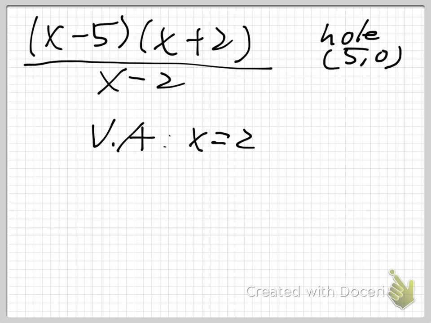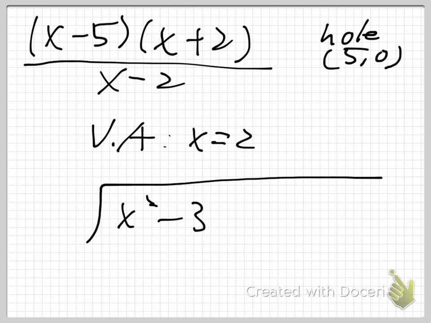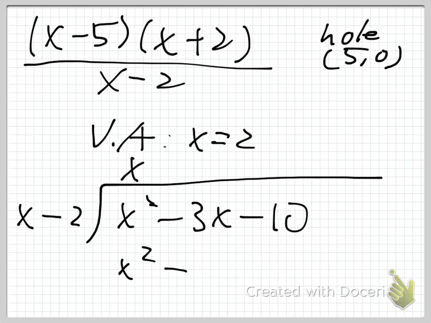So to find the slant asymptote, we're going to do long division of the numerator by the denominator. The numerator, when multiplied out, is x squared minus 3x minus 10, and we're going to divide that by x minus 2. When you do long division, you take the first term in the denominator, which is the x, and you're going to use that to divide.